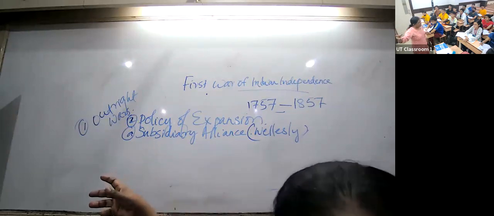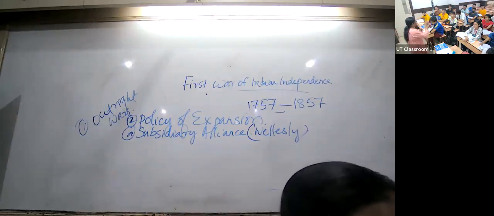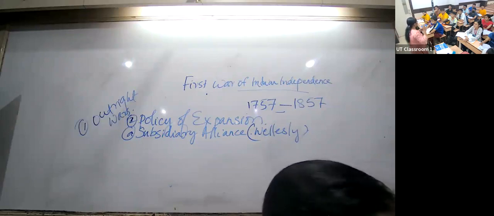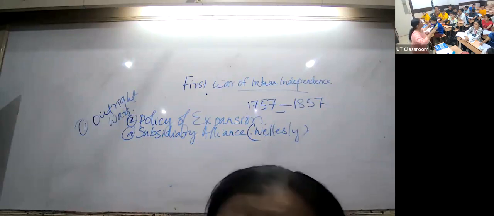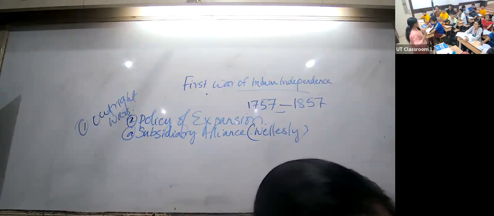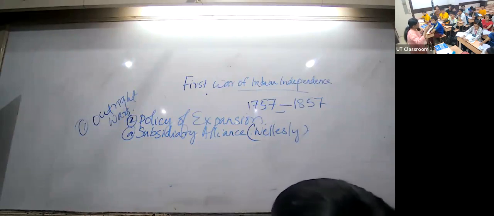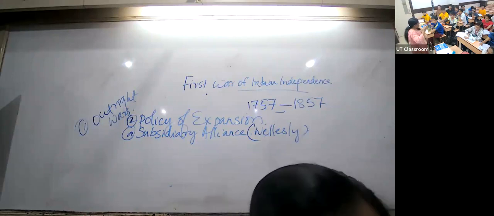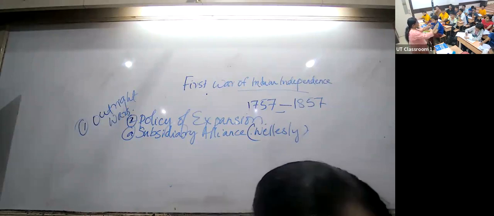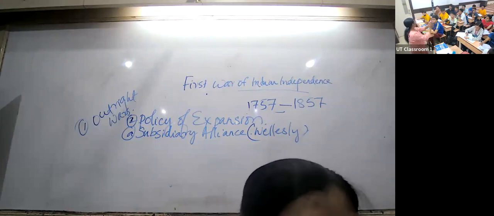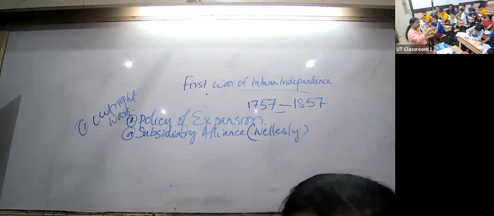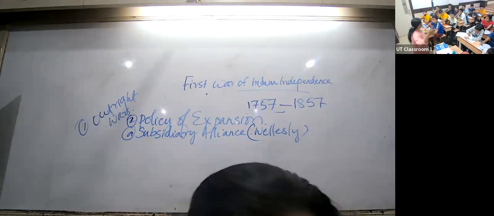According to that agreement, that ruler is agreeing to do certain things. Surrender the foreign policy or foreign control, allow a military to be stationed in that country to protect them, and for that military, the respective ruler has to pay.